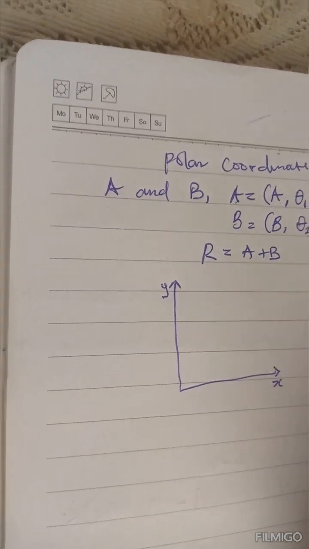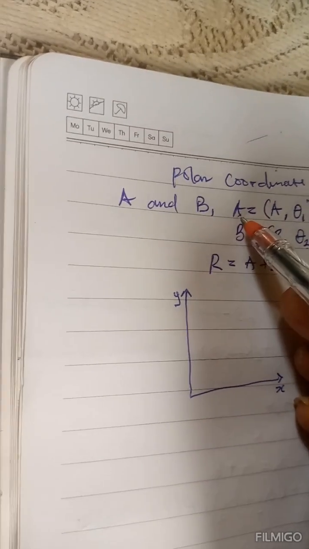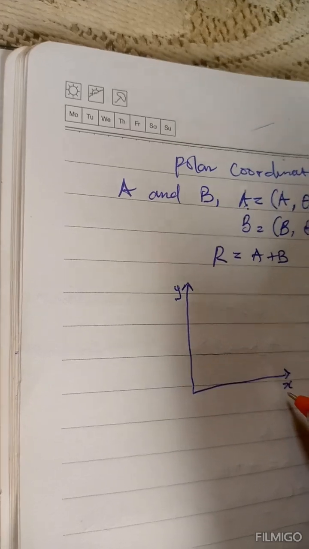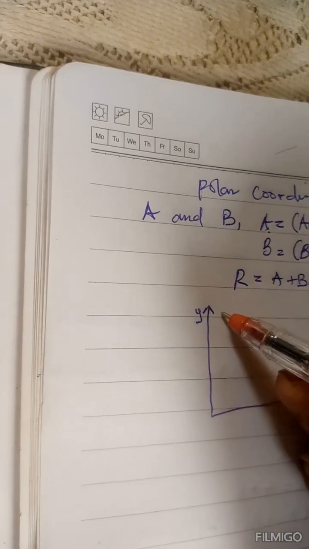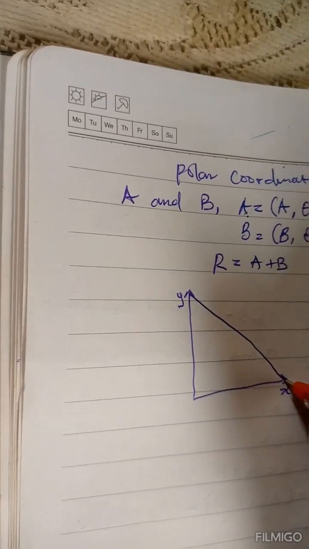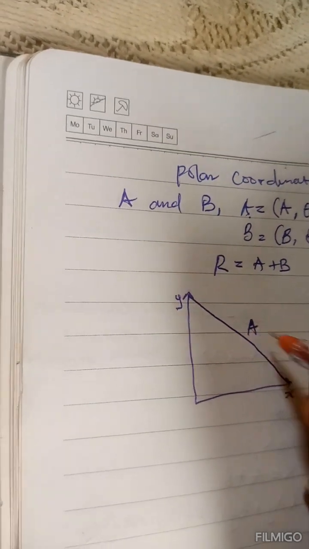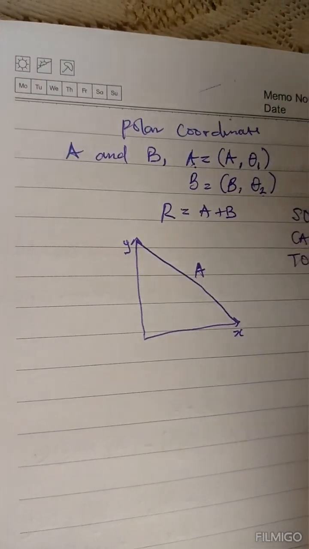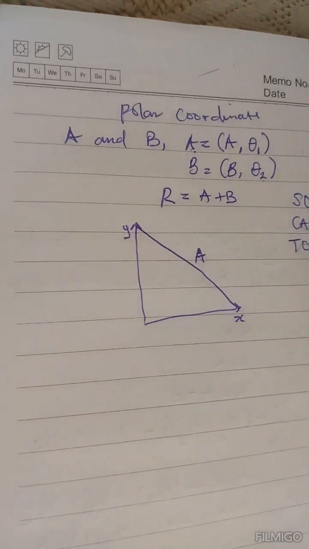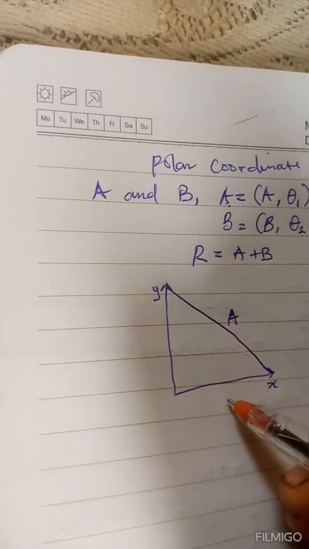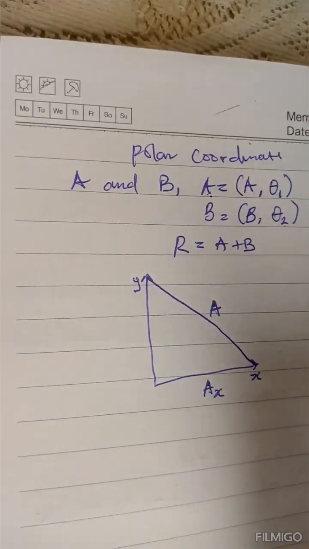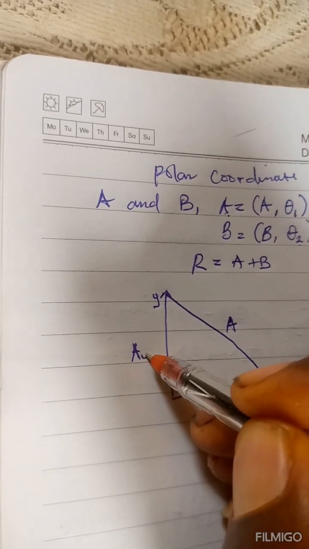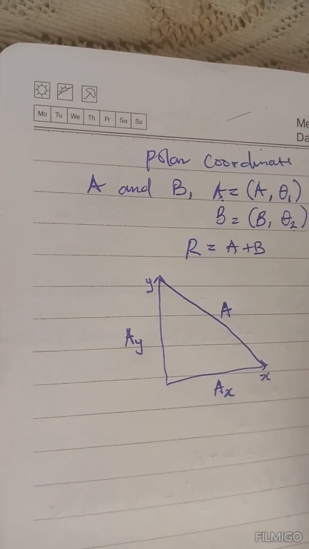Now resolving vector A. This is vector A. If I'm resolving it into two components, which is the x component and the y component, my x component for vector A will be Ax, and my y component for vector A will be Ay, right?